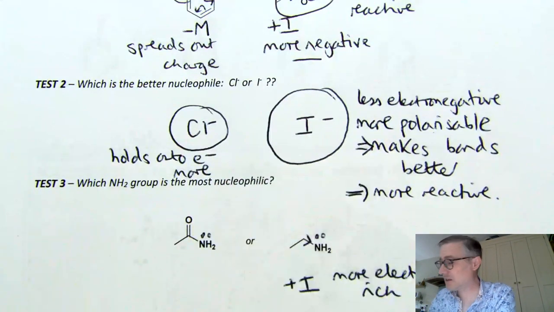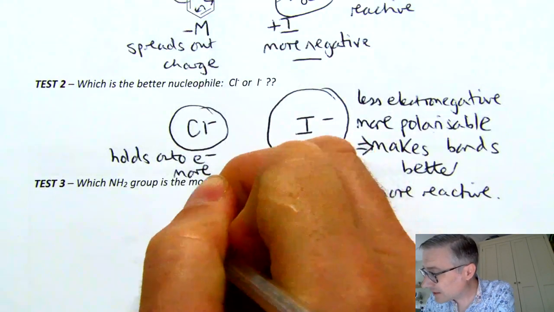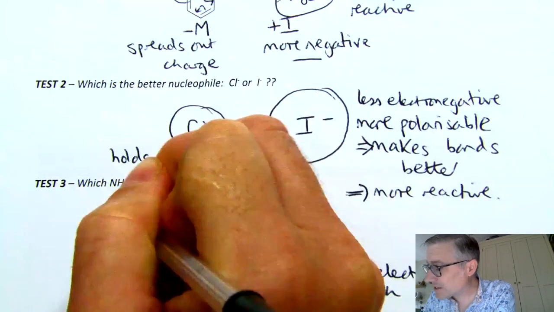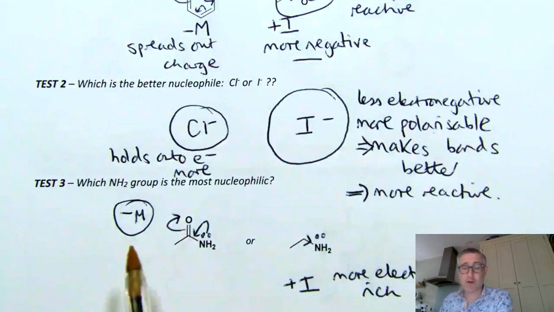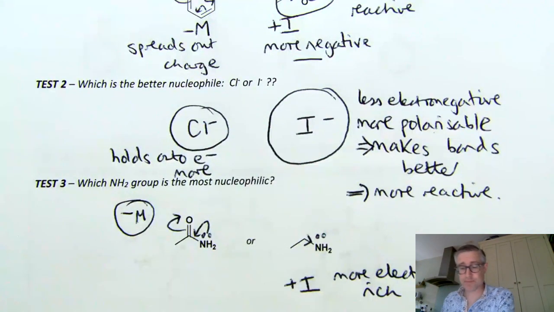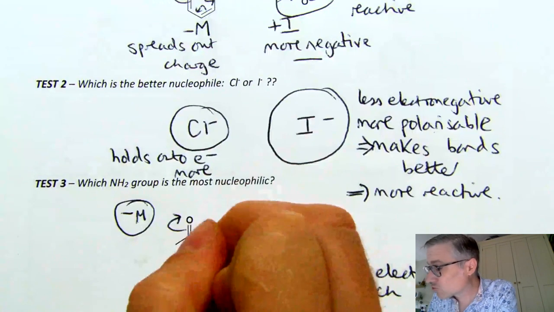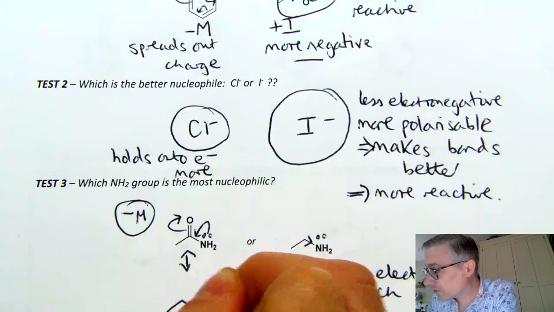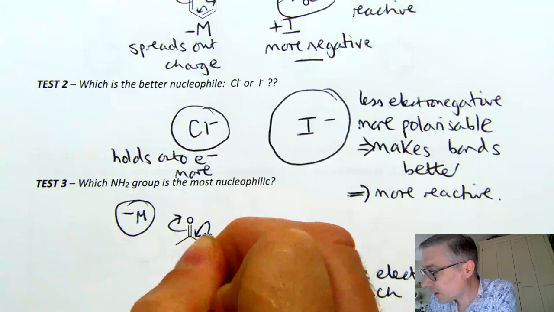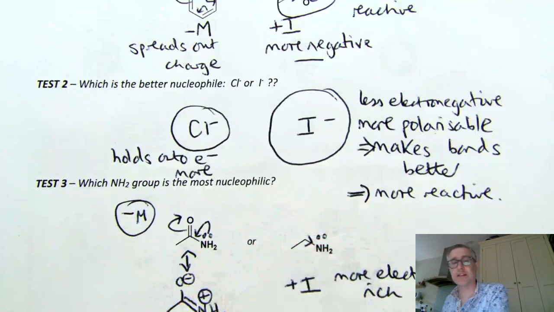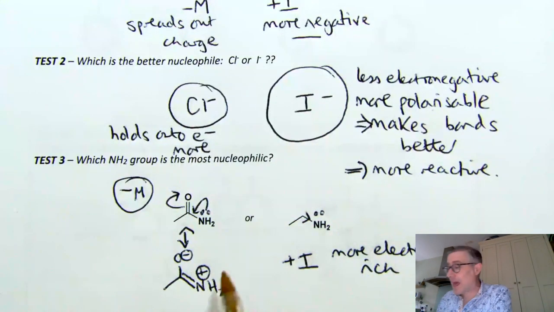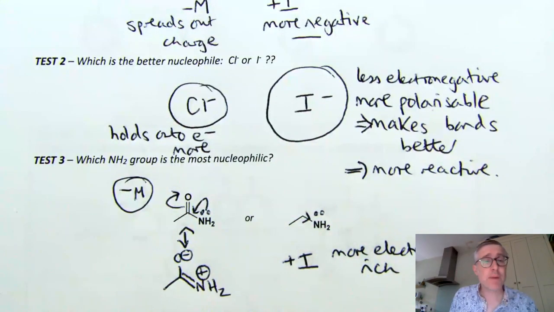In this case, the lone pair is delocalized by resonance. There's a minus M effect from that carbonyl group. We can, in fact, draw a resonance form. We'll do it this time. O minus NH2 plus, and a double bond in there, where the amine has actually lost its lone pair altogether.